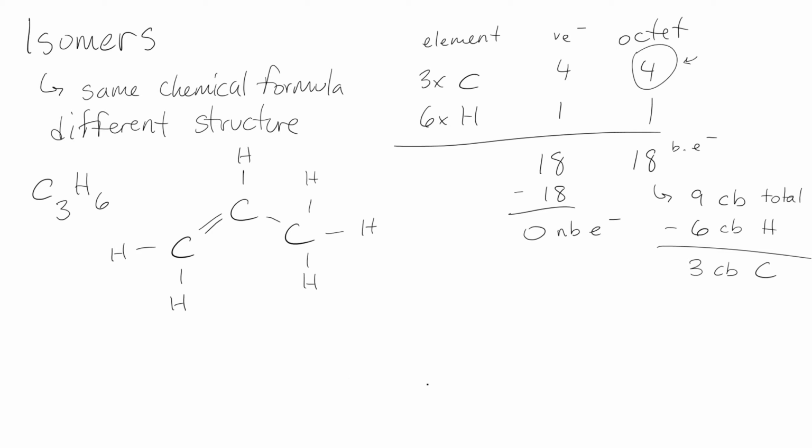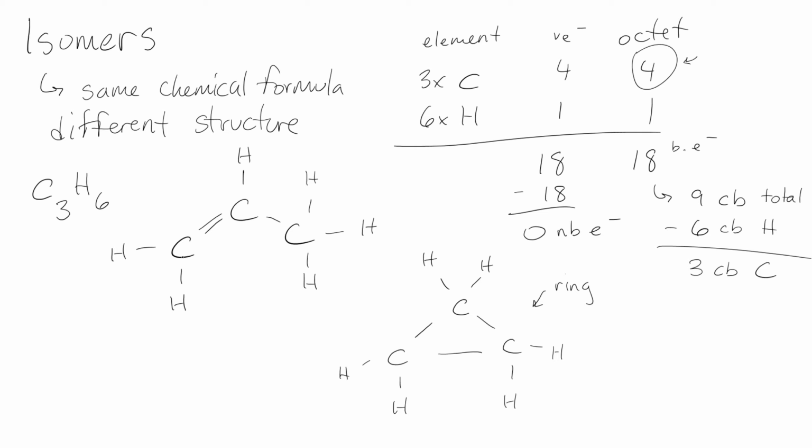However, if you notice, there's also another way that we can draw this. We can connect the carbons, but instead of putting a double bond here or here, we can connect the first and third carbons. This is what's known as a ring. And then completing the structure, each carbon gets 2 hydrogens, and you can verify that each carbon has 4 covalent bonds around it, so it has the octet.